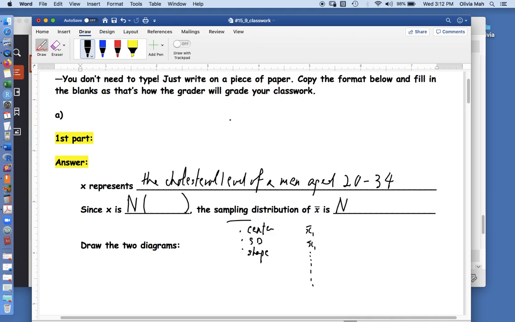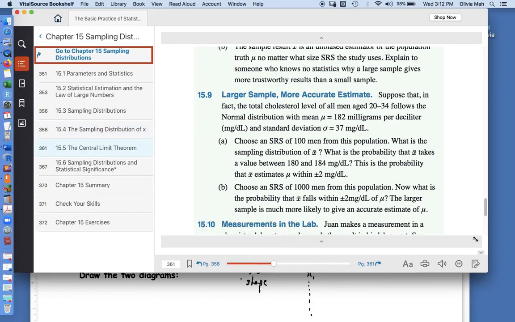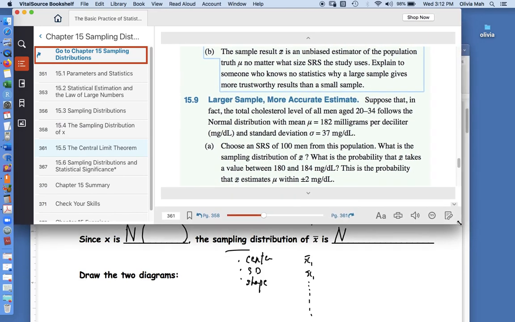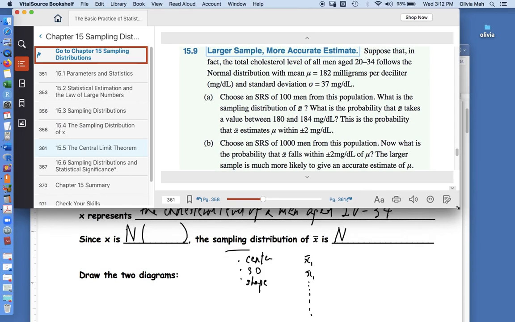So what is the center? We are told that X itself, the population, has a mean of 182. So 182 is the average of all the cholesterol levels. Mu is the population mean, and sigma is the population standard deviation.